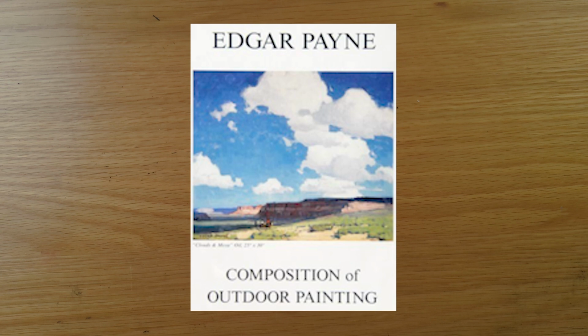It's a really big book, but it's really helpful in terms of getting some basic rules about composing scenes outside. The book tends to focus a little bit more on landscape, but to be honest, all of these structures can be used for painting cities, painting people outside, because the structures and the shapes are so useful.